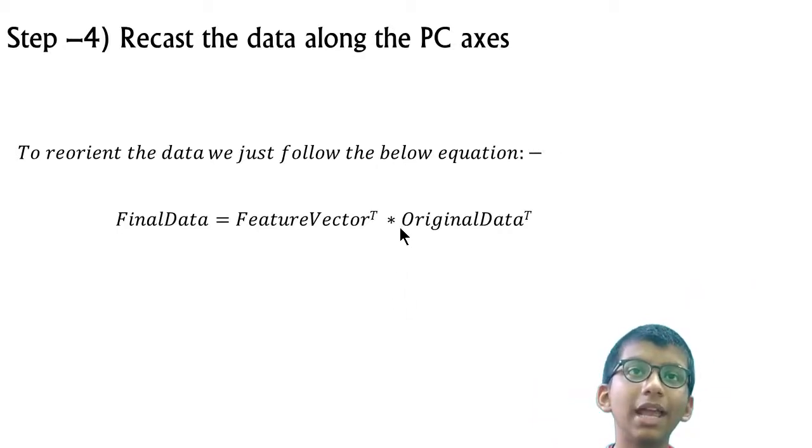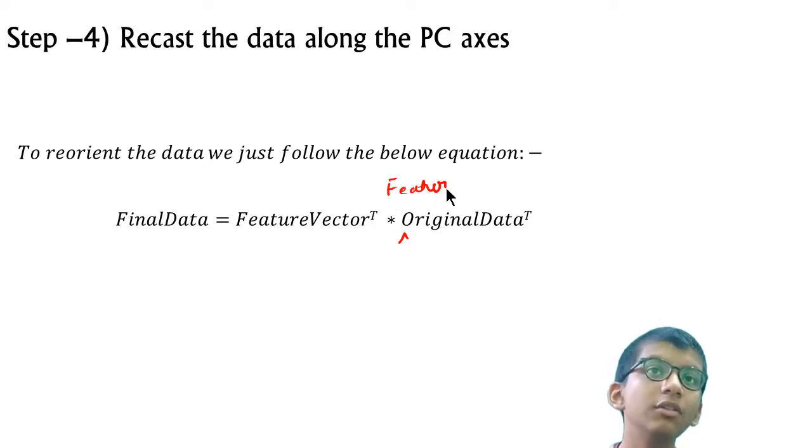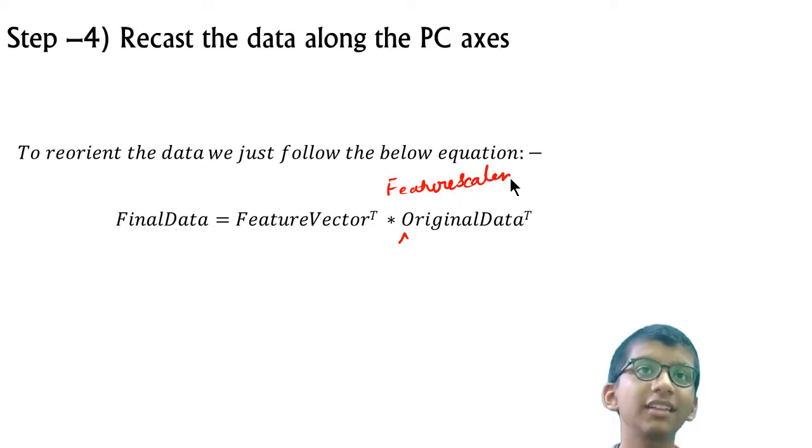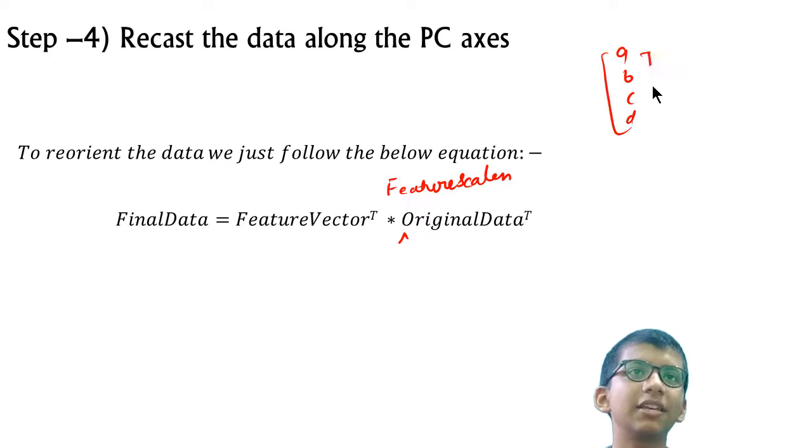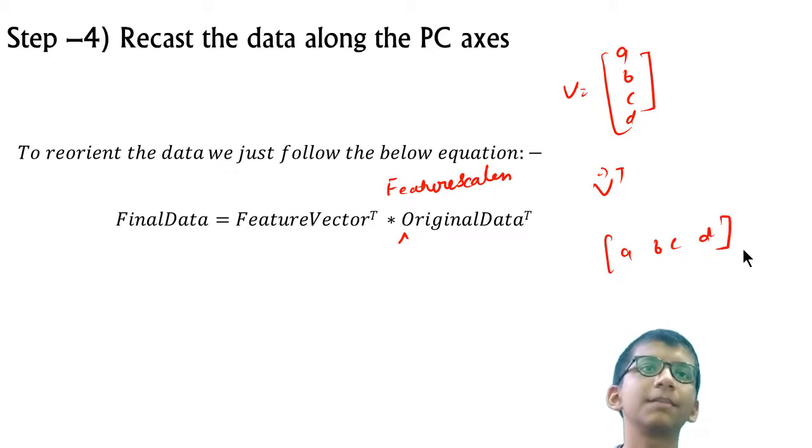So I have to write feature scaled data, not the original. And for transpose, again recapitulating, let's say this is my vector V, and if I transpose V, I get A, B, C, D. So this is how you transpose it.